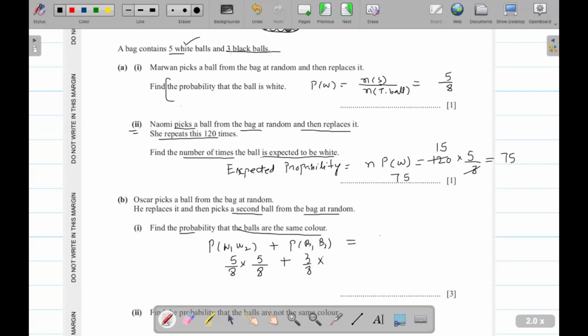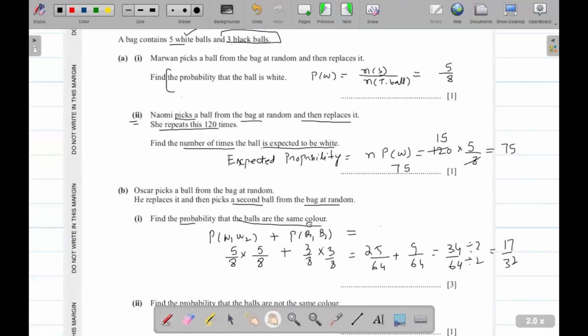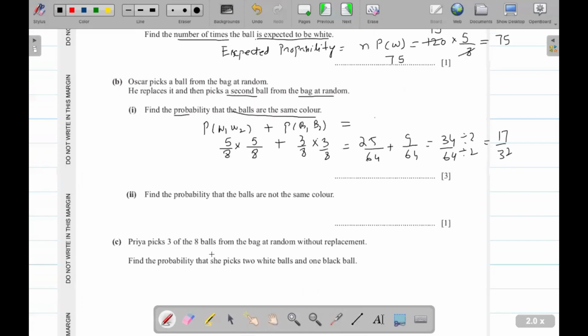The black balls remain 3, therefore we write 3 over 8. And this will be equal to 25 over 64 plus 9 over 64, which is 34 over 64. We divide this value by 2 and get 17 over 32, and this is the probability that the balls are the same color.